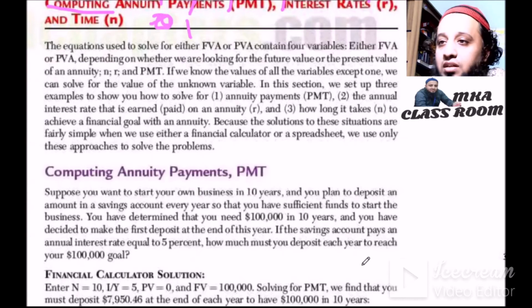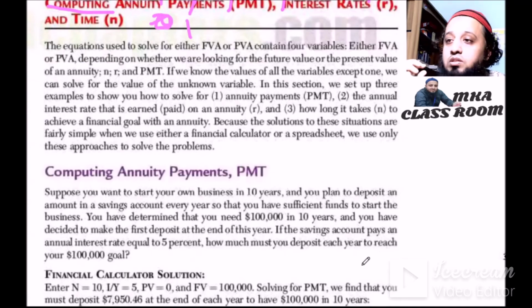You have determined that you need 1 lakh in 10 years and you have decided to make the first deposit at the end of this year. If the savings account pays an annual interest rate equal to 5%, how much must you deposit each year to reach your 1 lakh taka goal?